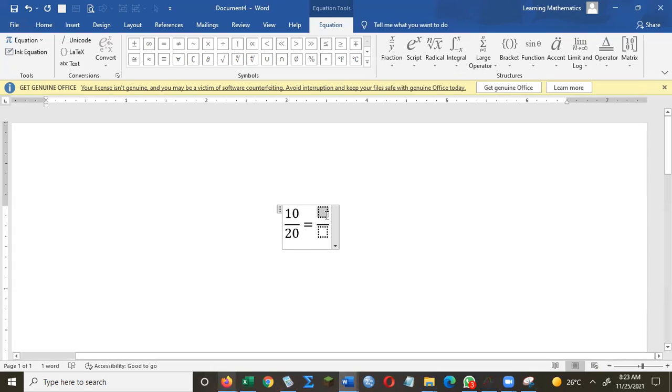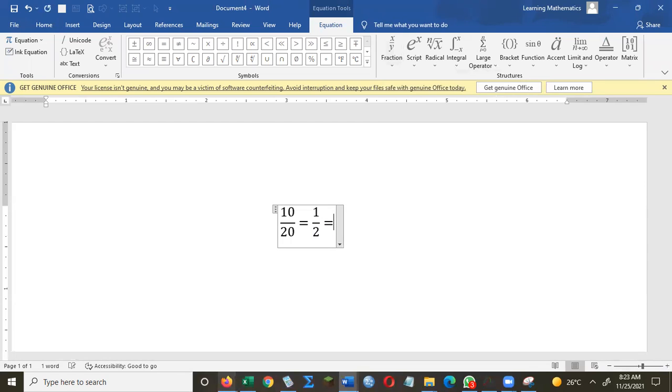10 over 20 is the same as 1 over 2. So you see how it looks differently, but it is the same. It has the same value. 10 out of 20 is the same as 1 out of 2. We can still write this in a different way: 0.5.